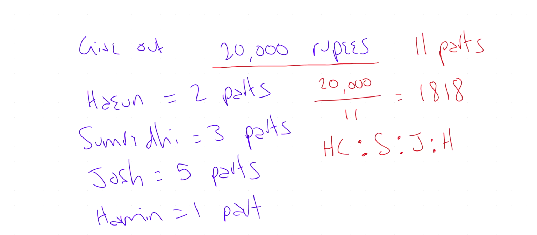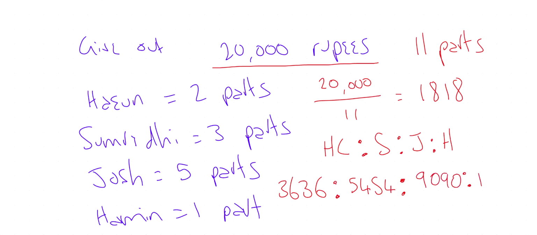So how much is she getting? 3636. She's getting 3636. How much is Samriti getting? 3 times that? 5454. How much is Josh getting? 9090. Wow.